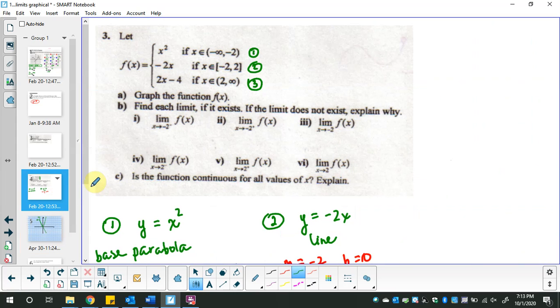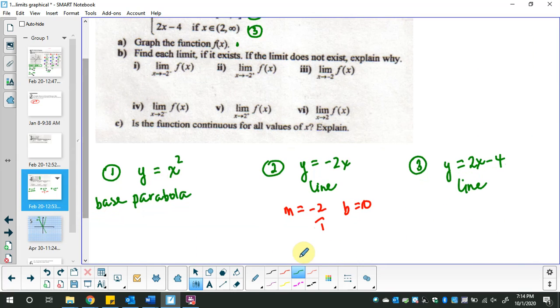The third one, the last one in this case, before we hit questions, because the first question is to graph the function. The third one is y equals 2x minus 4. And I hope you recognize that is a line as well. So that's m is positive 2 over 1, and b is negative 4, dangly number. So I'm going to dig out my green pen again, and I'm going to take care of these facts on that same grid.